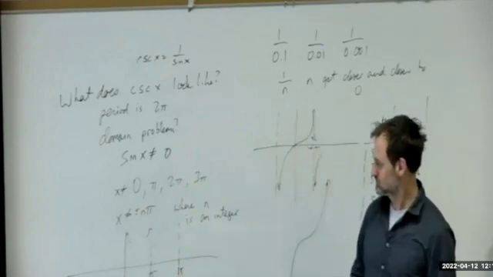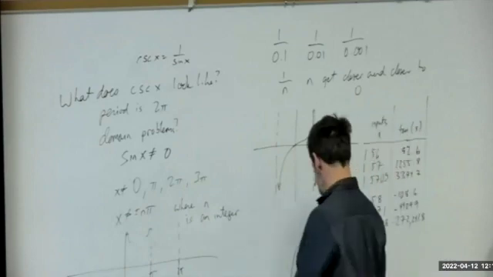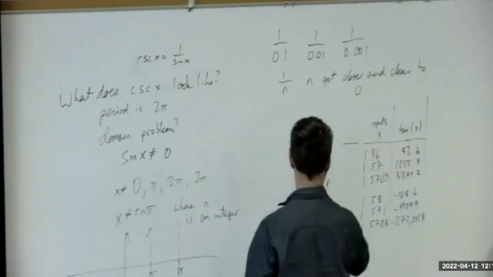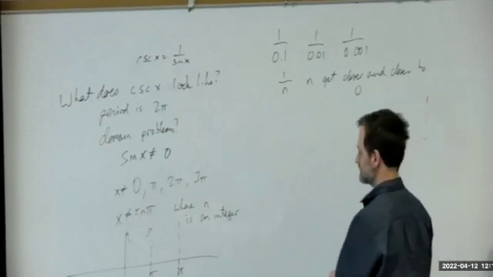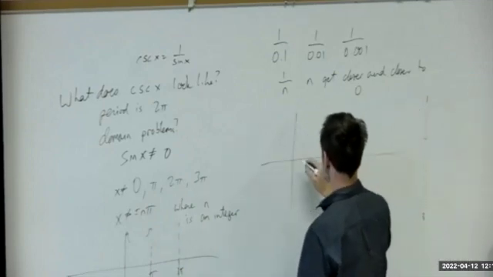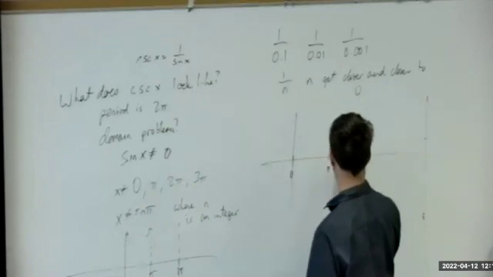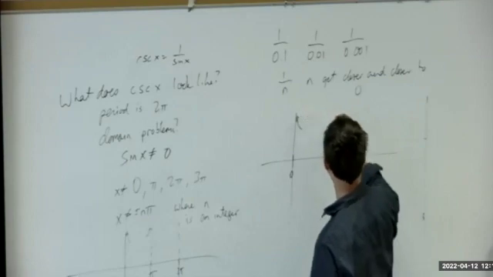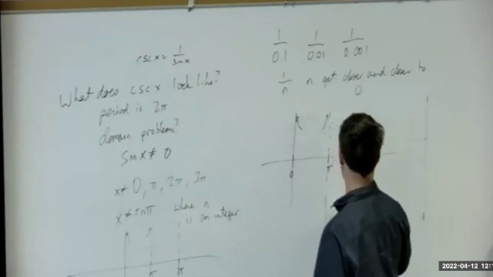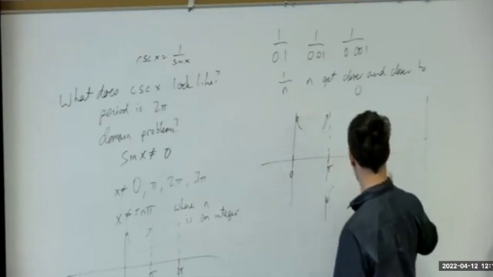At 0, pi, 2 pi, on this side I'm shooting off to infinity, and on this side I'm shooting off to negative infinity.